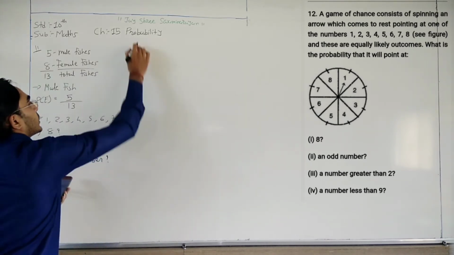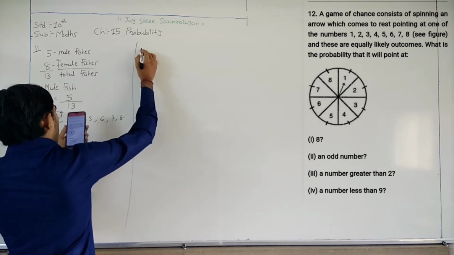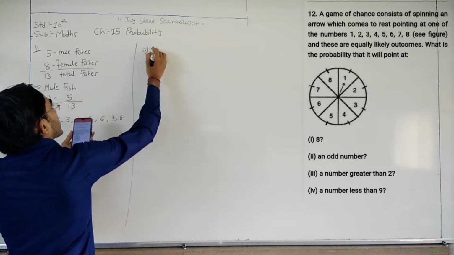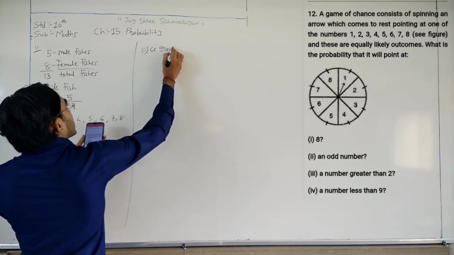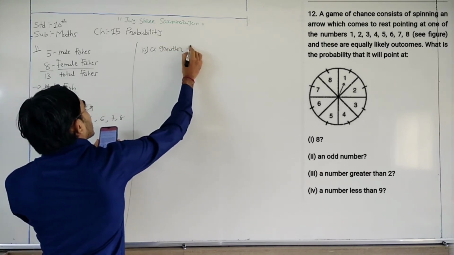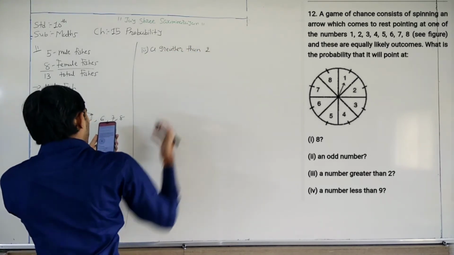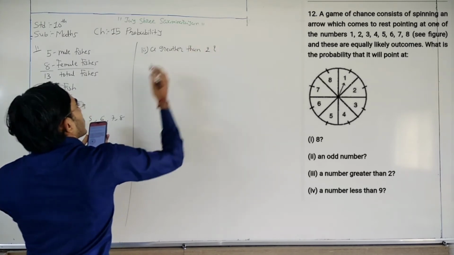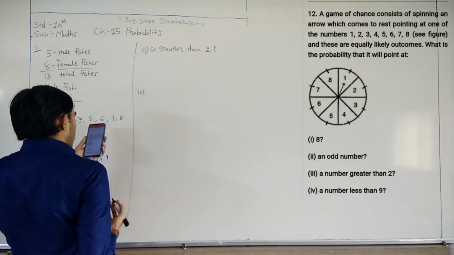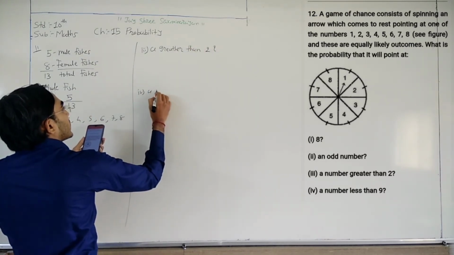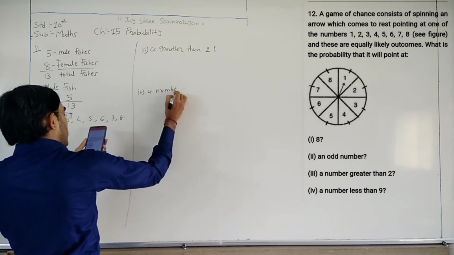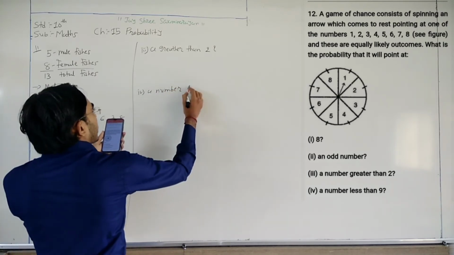After that, the probability for a number less than 9.